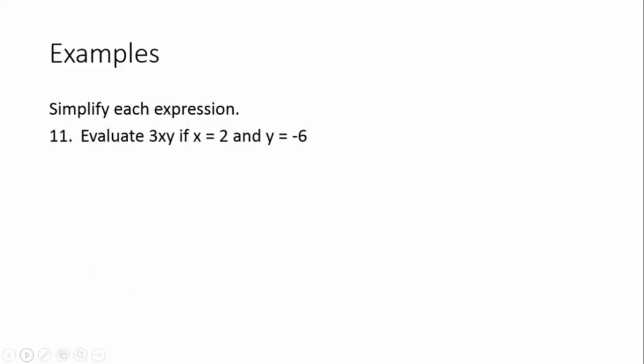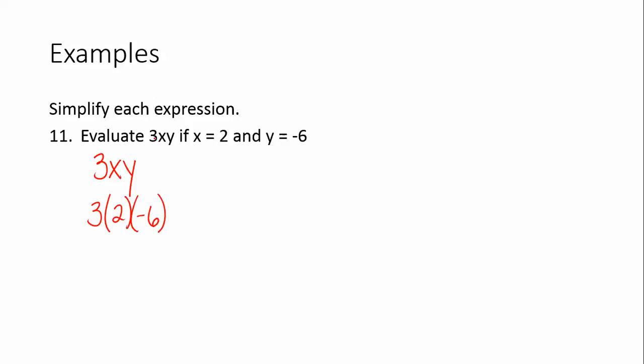Over the last several days, we've done some evaluations, simplifying expressions when we're supposed to be substituting in numbers for the variables. So the expression is 3xy. And I'd like you to get in the habit of actually rewriting the problem with the substitutions. So next we would write 3 times 2 times negative 6, for x and y.